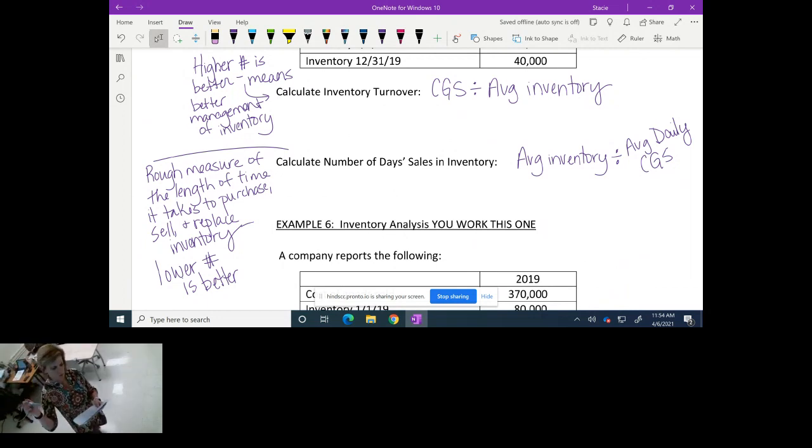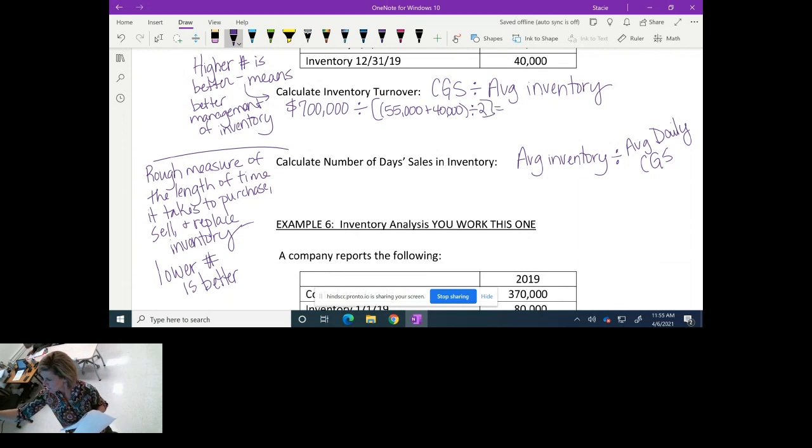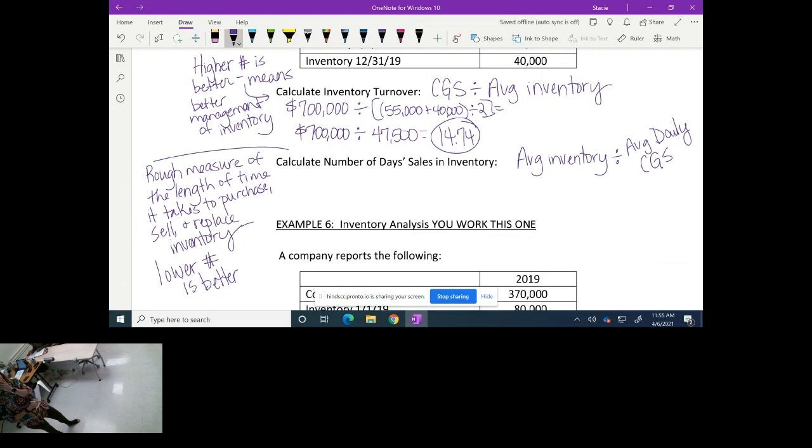To calculate this one, same way, you're going to take 700,000 and divide it by the average of 55 and 40. I could look at that and ask, is that a good number or a bad number?